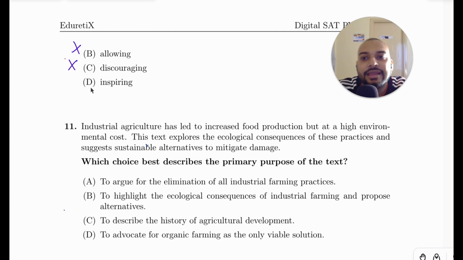Inspiring. Inspiring can be one correct answer. Inspiring them to rethink. But since the results are unexpected, that means the scientists had already devised their theory. Why would they get inspired to rethink? Scientists don't usually get inspired to rethink.